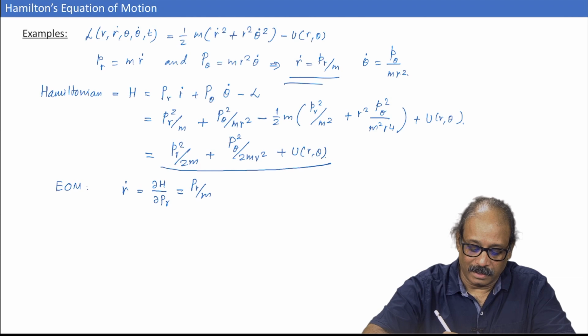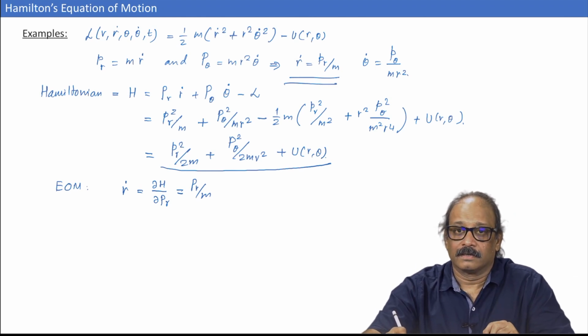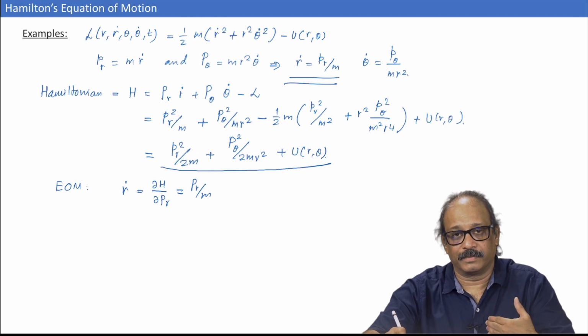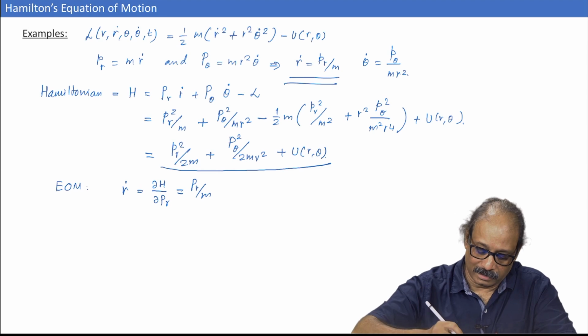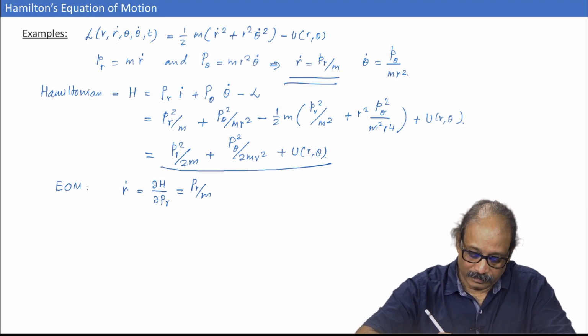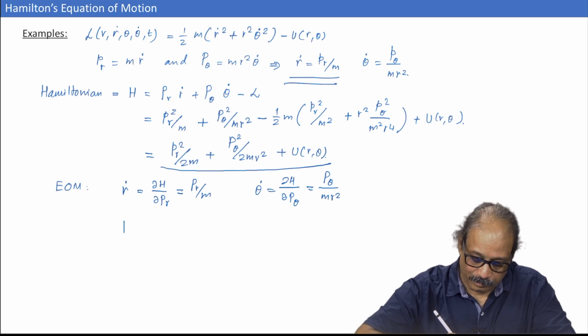Remember, this would anyway give you the same equation that you got by inverting the relationship between conjugate momenta and the generalized velocities. And also theta dot will be equal to the partial derivative of H with respect to p_theta. p_theta appears here. So, this is nothing but p_theta divided by m r square.